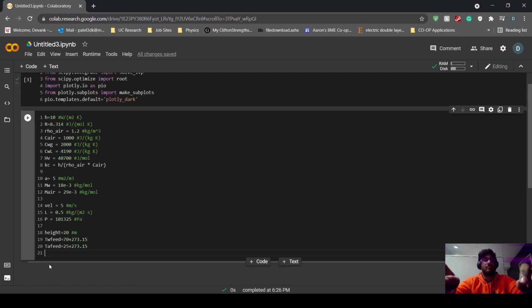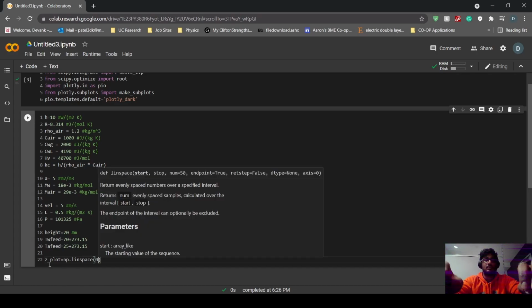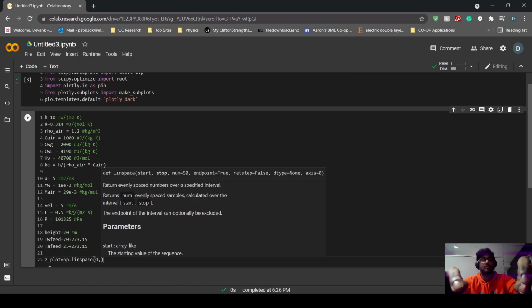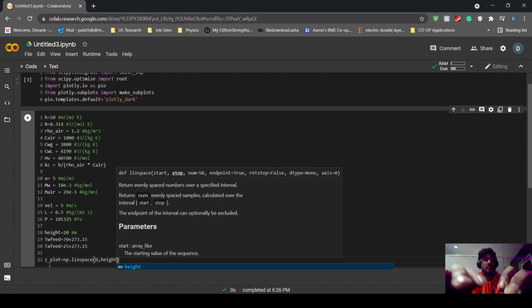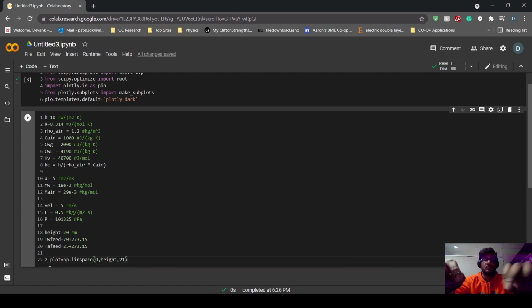So we're just going to define our z_plot, so z_plot is going to be equal to np.linspace, which is the function that allows us to make sure all the points are evenly plotted. We're going to use our start as 0, our stop is going to be the height, which is 20 meters, and then we want 21 points, and let's see if this runs.